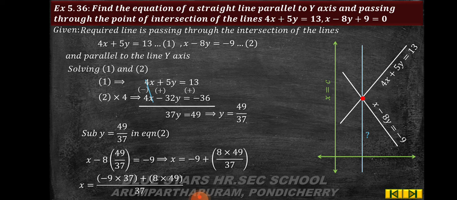So we are just taking the LCM, or otherwise cross multiplication. So x = (-9 into 37 + 8 into 49)/37, which implies x = (-333 + 392)/37, which implies x = 59/37.